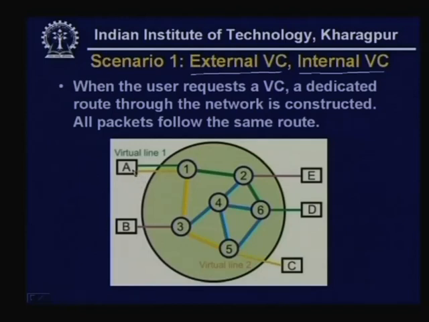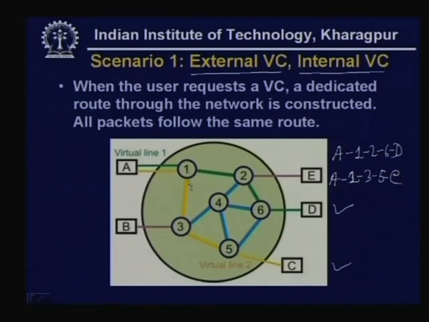For example, we are sending from A to D and A to C. So, one virtual circuit is A to 1 to 2 to 6 to D. On the other hand, another virtual circuit is A to 1 to 3 to 5 to C. So, these are the 2 virtual circuits. It can be in the other way also, say 1 to 2 to 6 to 5 to C, that is also possible. So, there can be overlapping, but here incidentally these are not overlapped.